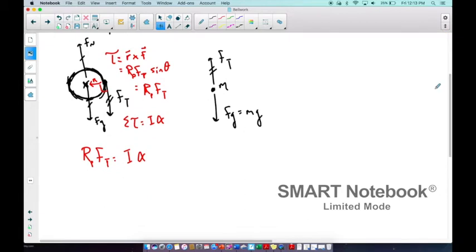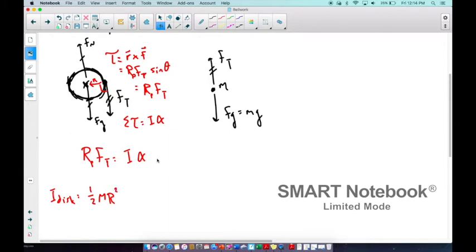So how can I be more specific over here? Well, this pulley is a disc, isn't it? Do I know what the rotational inertia of a disc is? Well, yeah, we've done that several times. I'm not going to do it now, but I can make a quick note that the I of a disc is 1/2 mr squared, is it not? Let me double, triple check I'm not lying to you, but I'm pretty sure that's what it is.